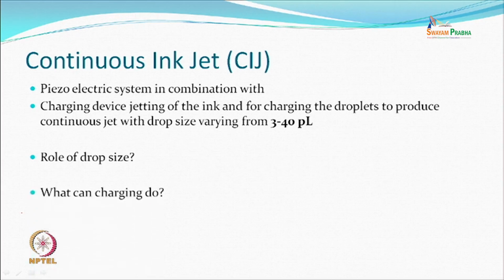What can charging do? If you have a big drop and it is charged, the charge normally likes to reside only on the surface. But if the same charge is there at different places, there is also repulsion. If it was solid, the charge repulsion force is not high enough to break the solid.